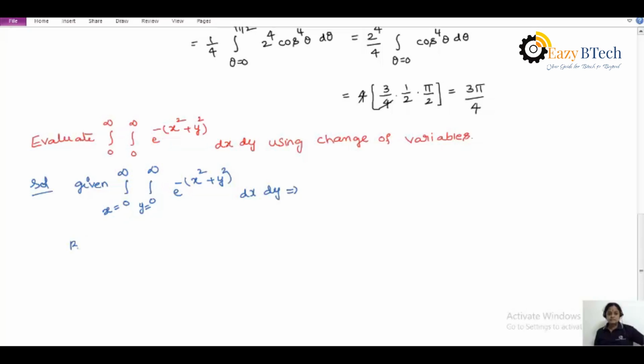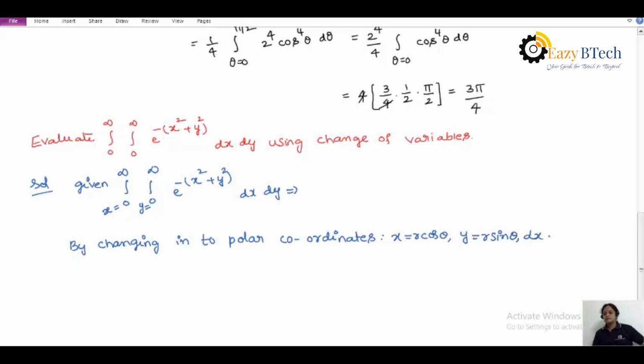So then by changing into polar coordinates, what are the substitutions, students? x is equal to r cos theta, y is equal to r sin theta, and dx dy is equal to r dr d theta.